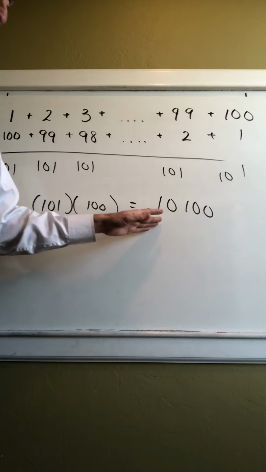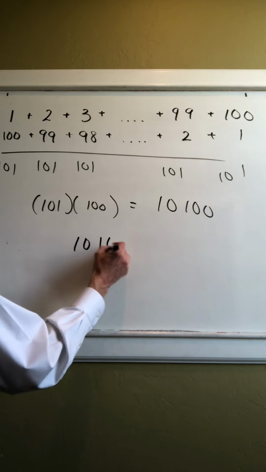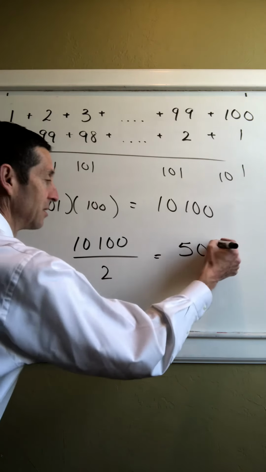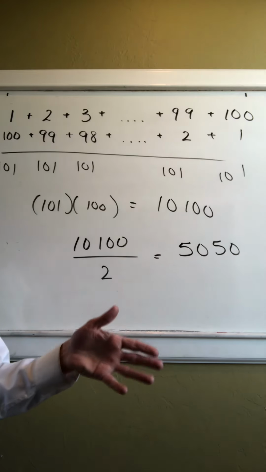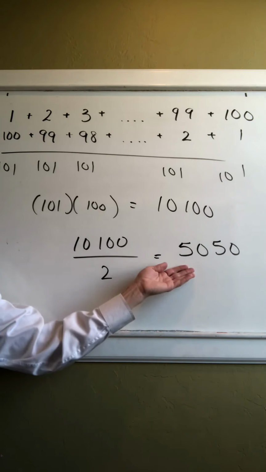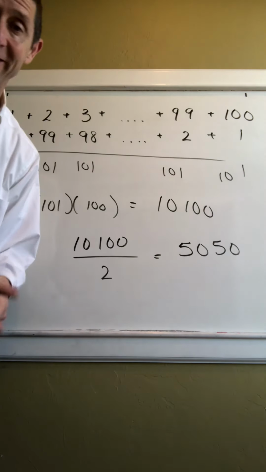So if you've got this doubled, to find your correct answer you just have to take 10,100 and divide it by 2. So there's a cool little trick question you can get on your friends today. Say if you add them all up, 5050, and you did it pretty quick, you didn't even need a calculator.